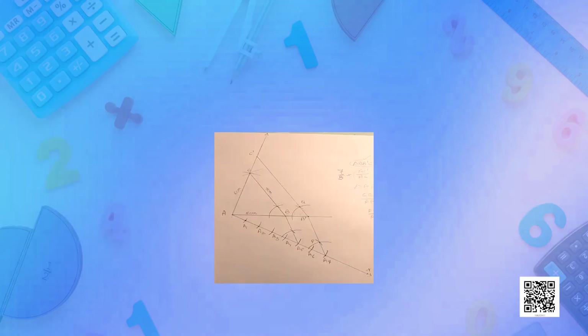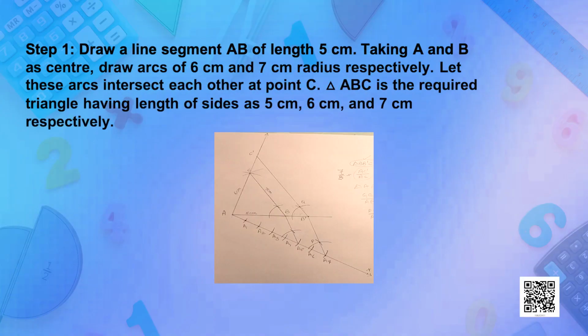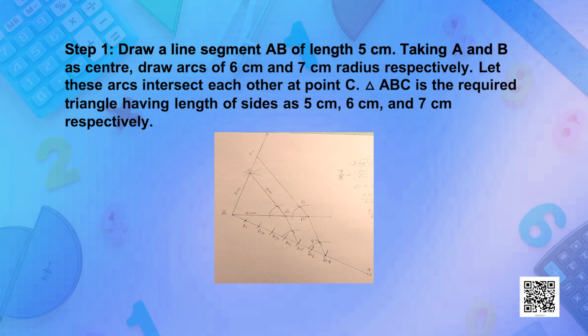So, all the three sides have ratio 7:5, 7/5. Let us see the steps of construction. First step is to draw a line segment AB of length 5 centimeter. Taking A and B as center, draw arcs of 6 centimeter and 7 centimeter radius respectively. Let these arcs intersect each other at point C. We get triangle ABC, which is the required triangle.